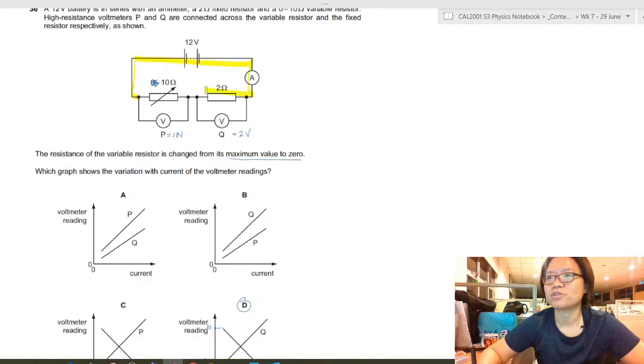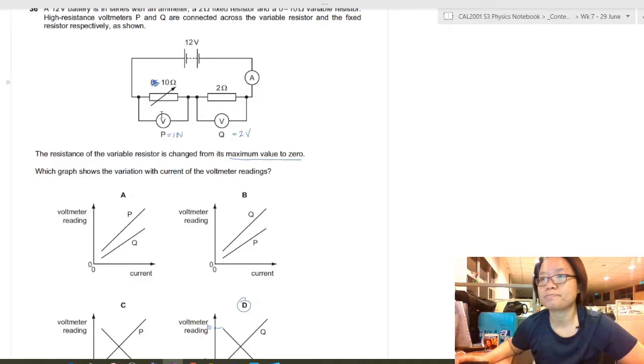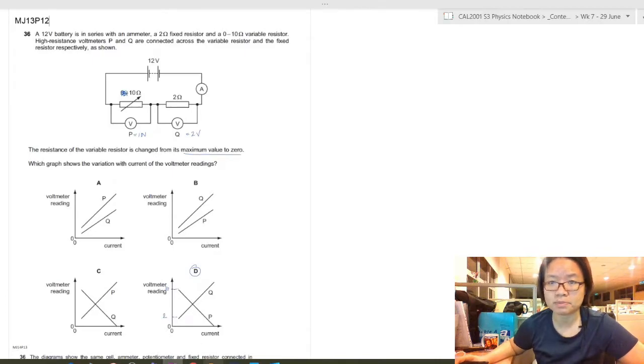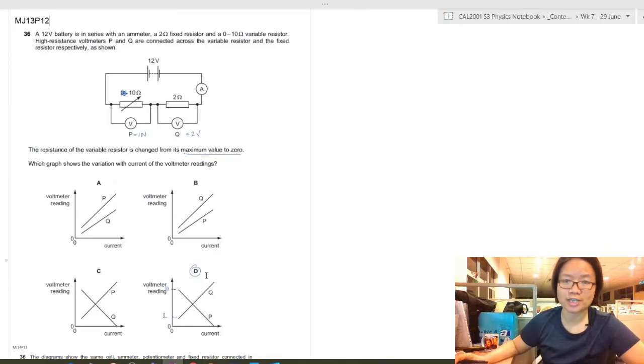But there's nothing from here to here, because this one is 0 already. And it cannot measure the terminal potential because it's not a wire. There's another voltmeter here. So it's a slightly different kind of consideration. So that's the whole idea of it. And then you can see as this potential decreases, Q will be able to take more and more. So Q will increase as P decreases. So you got D.